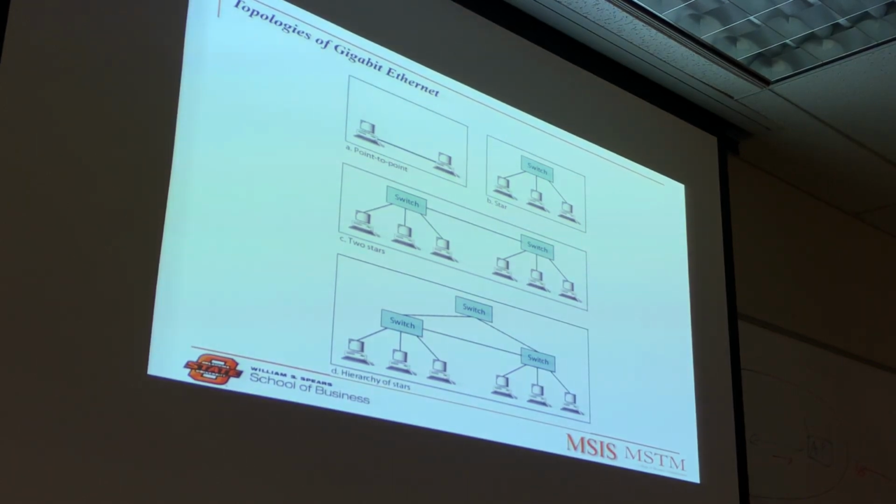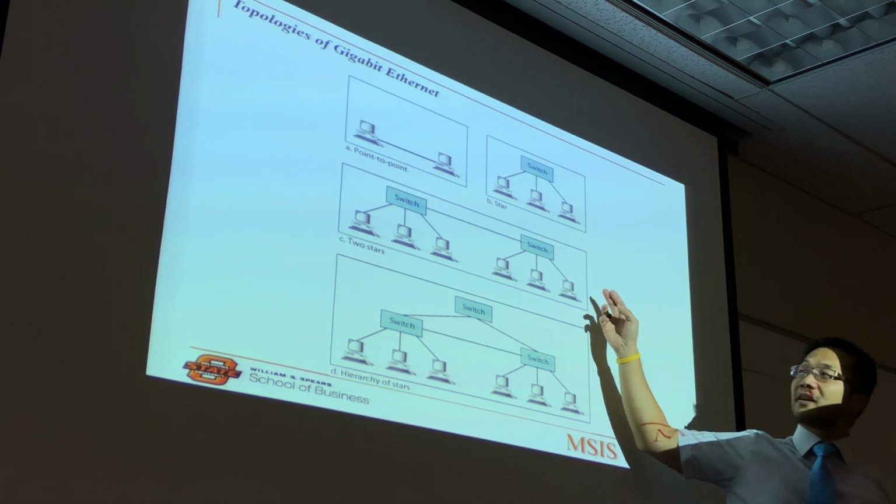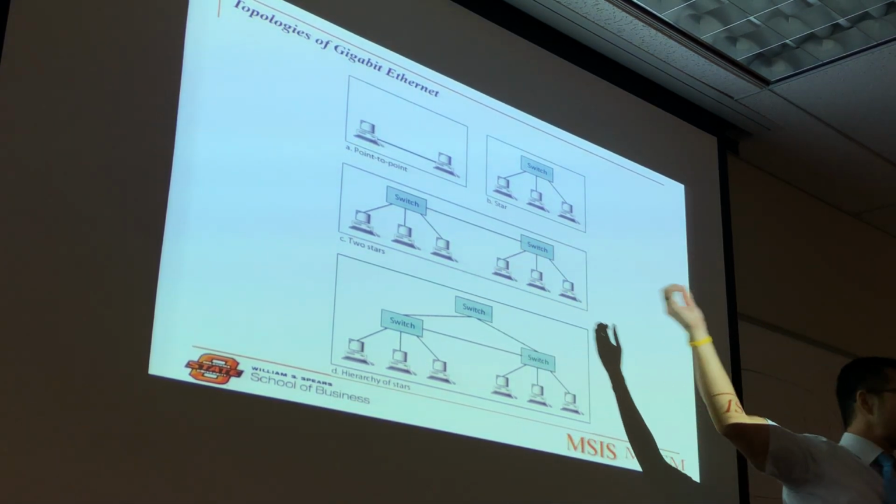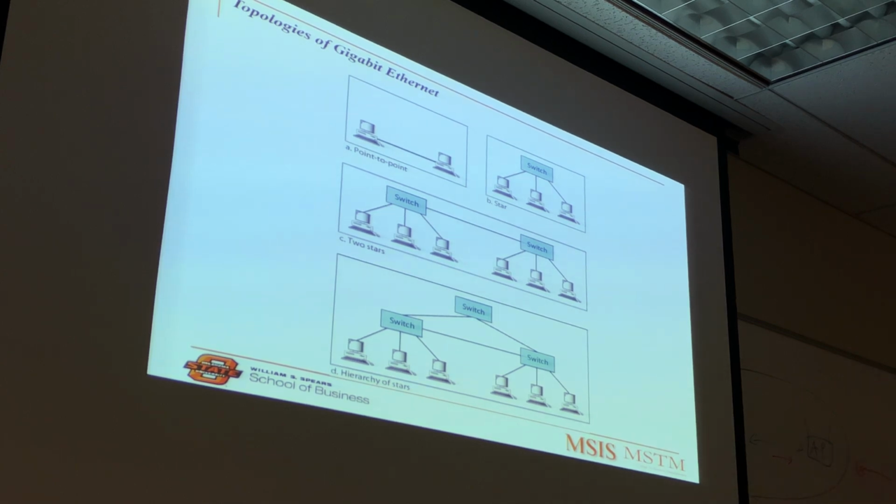There's a 10 gigabit connection between the switches, and from each switch to all the computers on its half, they are using 1 gigabit connections. So even if there's a lot of communication between the two switches, they can still be supported without too much bottleneck.